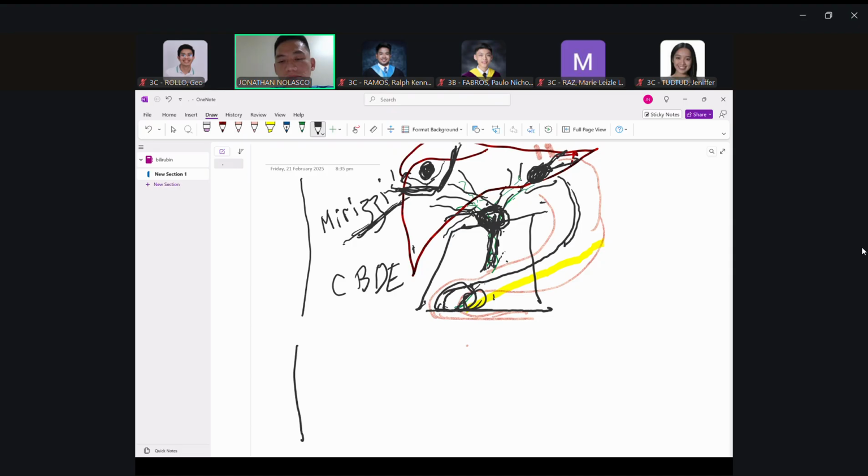So this whole area is removed in what we call pancreaticoduodenectomy, also known by the name Whipple's procedure or Whipple's surgery.